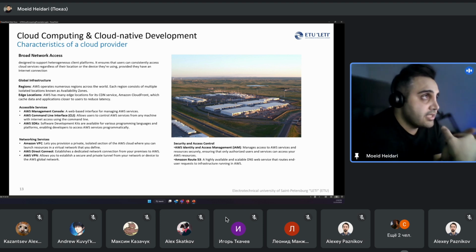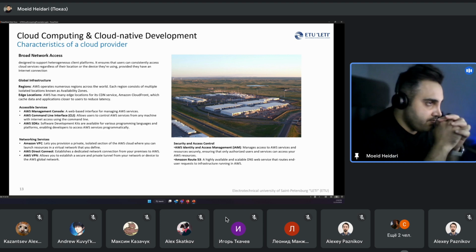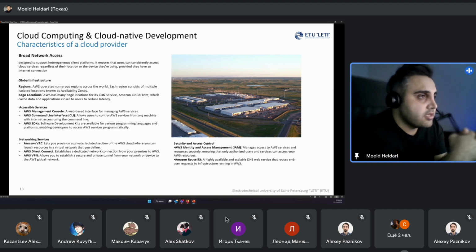It ensures that users can consistently access cloud services without any problem with the access, because if something happens with the access, lots of services will be impacted, lots of money will be lost, and lots of damage would happen, because we don't know what kind of services are running on this cloud infrastructure.